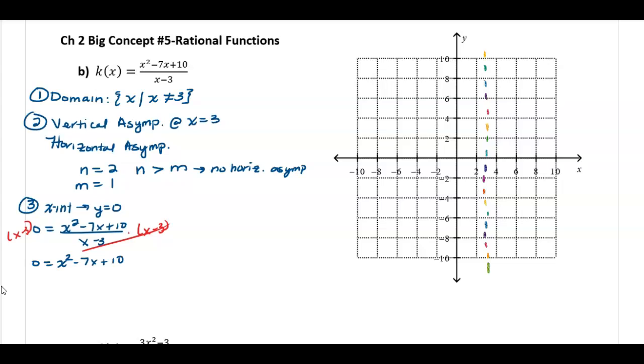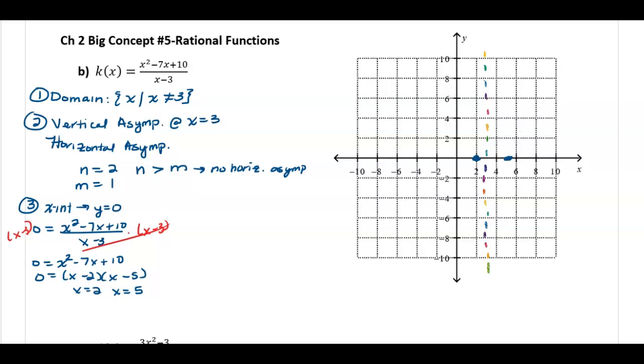And now we have a quadratic that we can solve pretty simply. And we get 0 equals x minus 2 times x minus 5. So x equals 2 and x equals 5. So there we have two x-intercepts. So I'm going to go ahead and put an intercept at 2 and an intercept at 5.